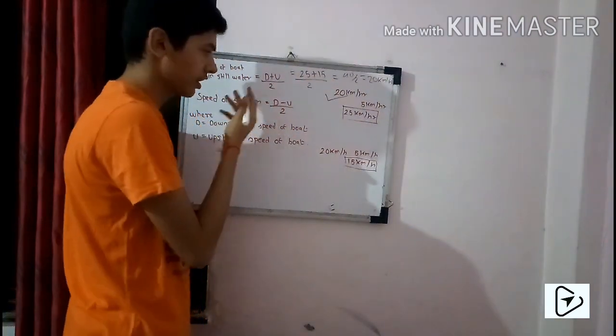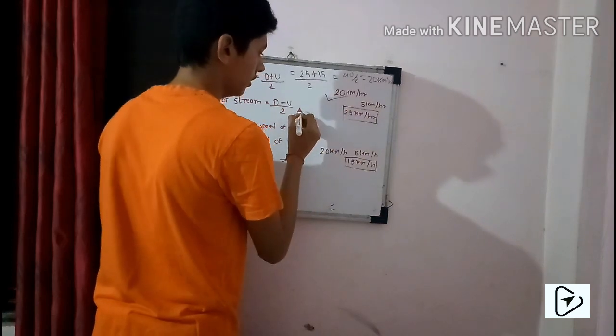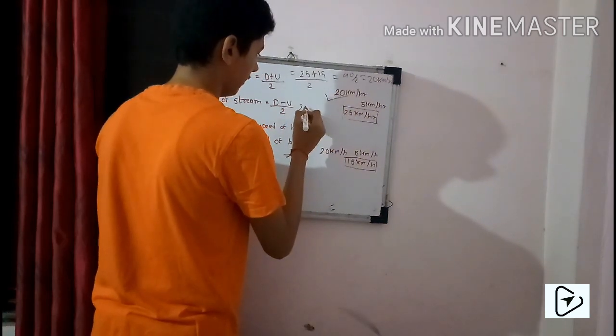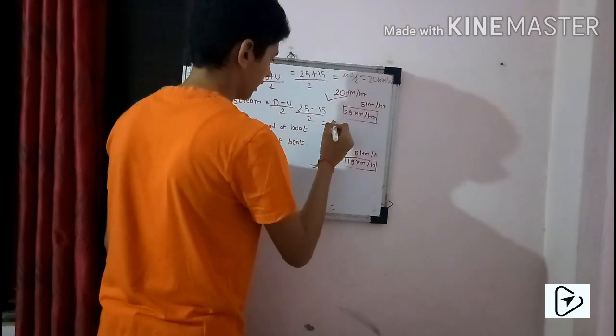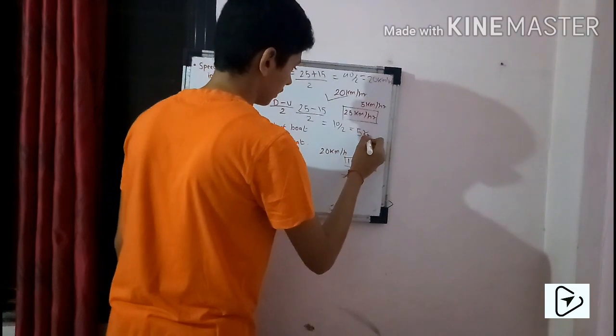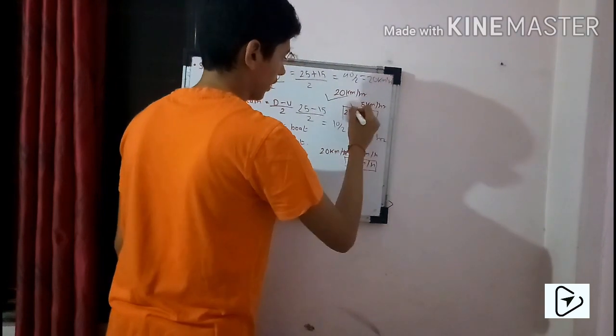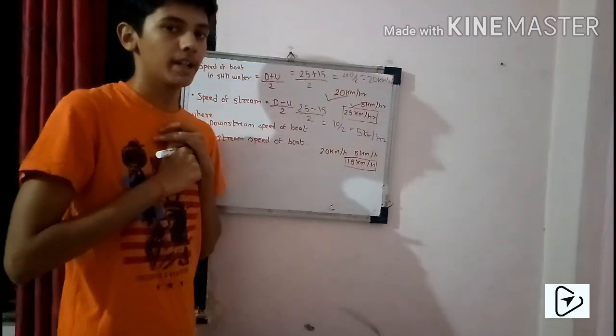If we have to find the speed of the stream, (d minus u) upon 2, where d is 25 and u is 15: (25 minus 15) upon 2, which is 10 upon 2, equal to 5 kilometers per hour. Hence it is also verified. So we can solve using the formulas, and you have to practice it also.